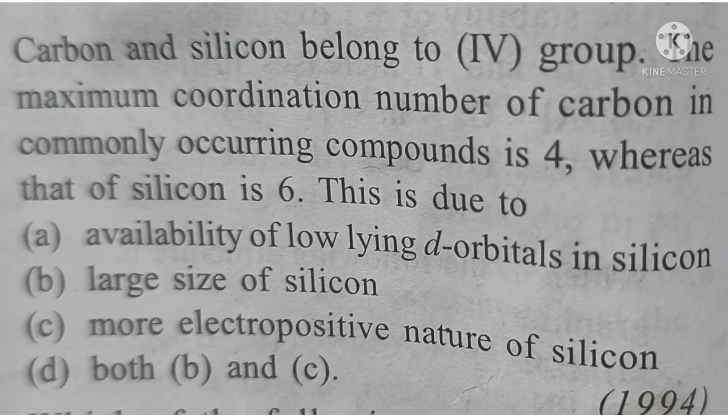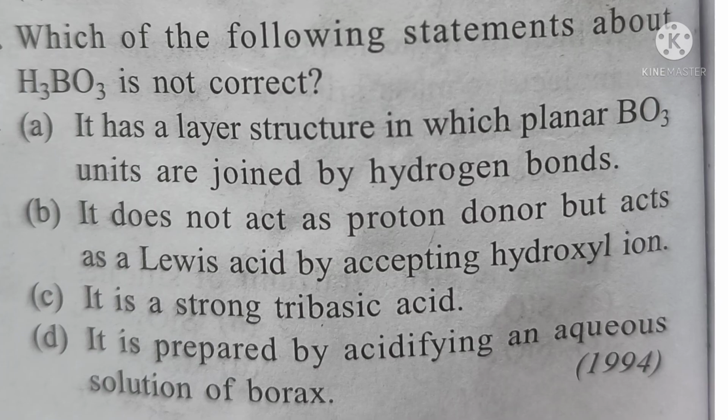So the next question, carbon and silicon belong to the fourth group. The maximum coordination number of carbon in commonly occurring compounds is 4, whereas that of silicon is 6 because of availability of low-lying d orbitals in silicon. Silicon has d orbitals whereas carbon does not have. So carbon's covalency is only 4. For silicon, the covalency is 6.